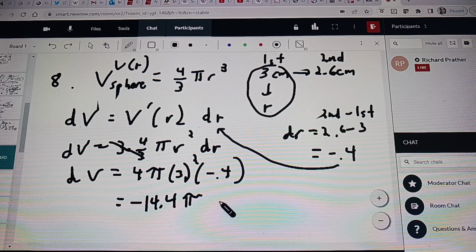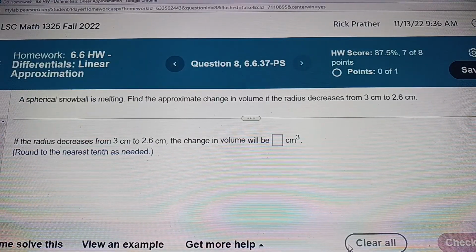So the volume is decreasing by 14.4 pi units. Now, see how 14.4 has a decimal, that's maybe why they want the answer in decimals. Round to the nearest tenth as needed.